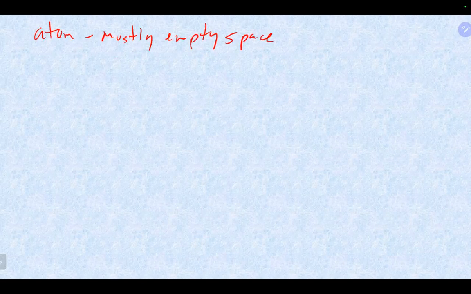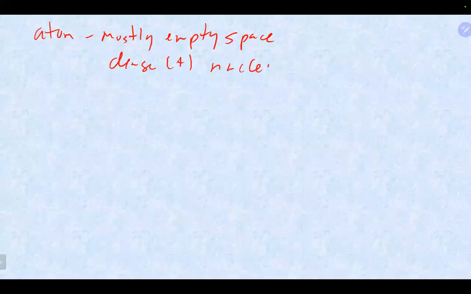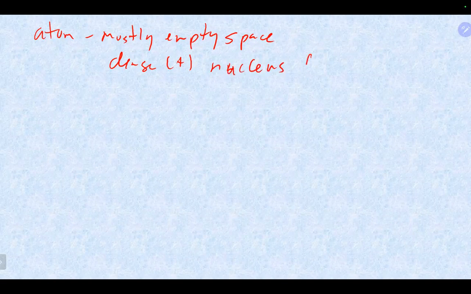There's a dense positive core, which is the nucleus, and later experiments determined that protons, which are positively charged, and neutrons, which have no charge, are found within the nucleus.